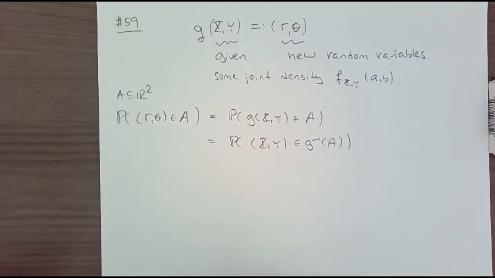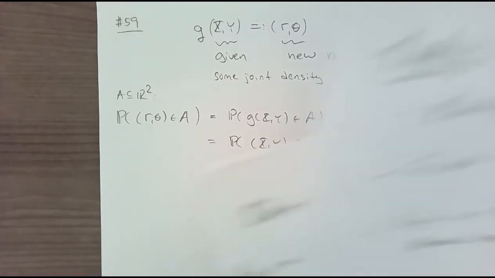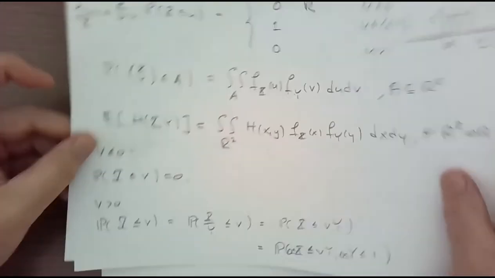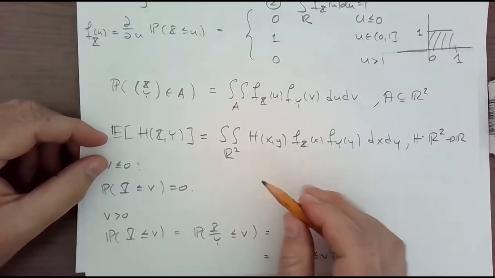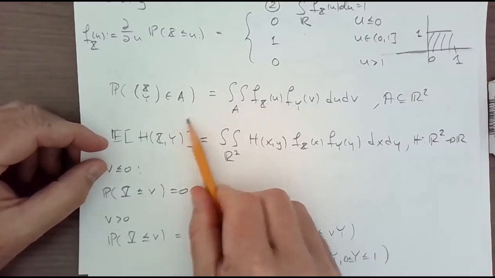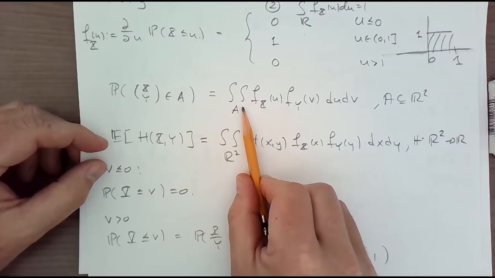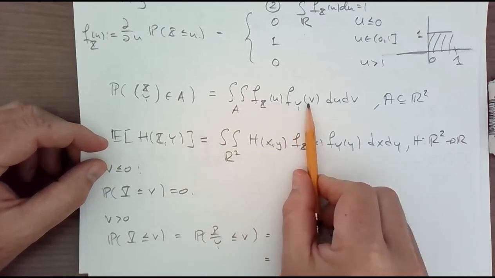And then we want to use the property that you have a joint density. As soon as I have a joint density, I can compute these probabilities simply by integrating that joint density over the set.